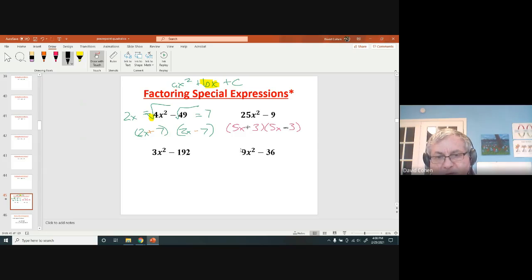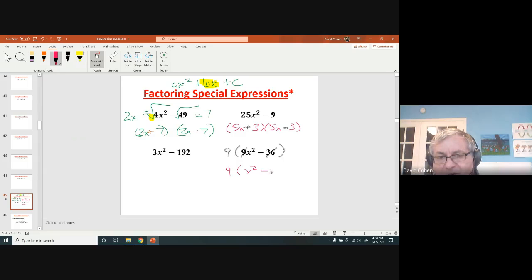The other special idea here is I can factor out the 9 and come up with something a little more elegant and easy. If you don't pull out the GCF, it's kind of like a speed bump. So here I've got x squared, which is a perfect square, x times x.